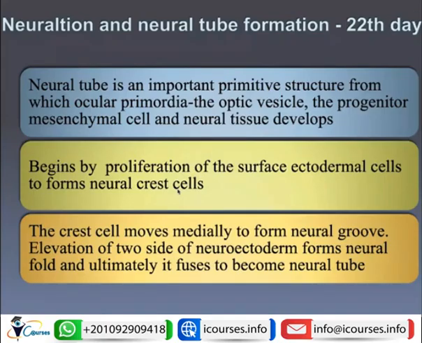The cells of the ectoderm around the primitive streak have a specific character of differentiation and proliferation, and they form the neural crest cells. These neural crest cells move medially to form a neural groove that causes elevation of both sides of the neuroectoderm to form the neural fold, and later on it will fuse to form the neural tube.